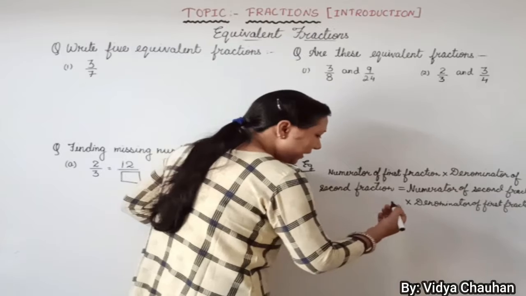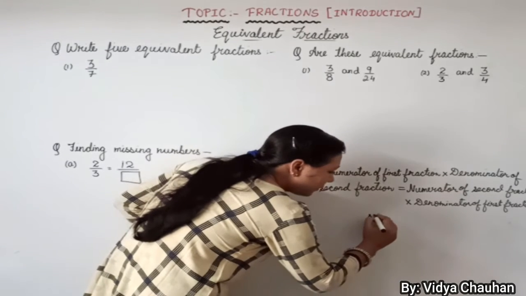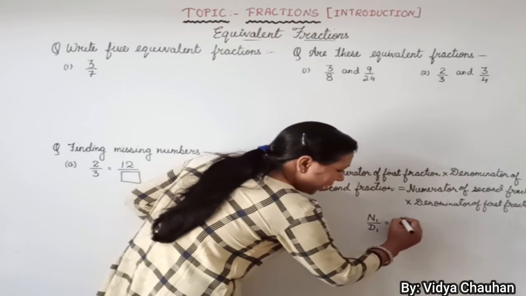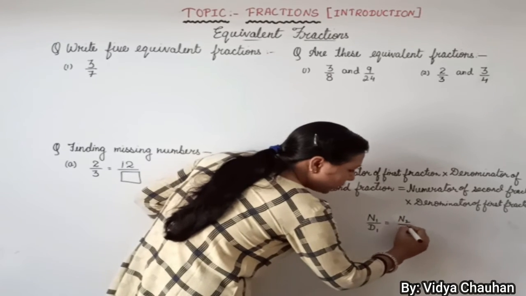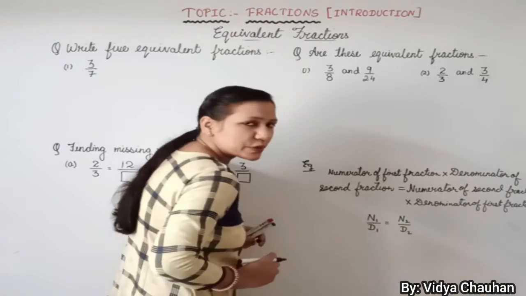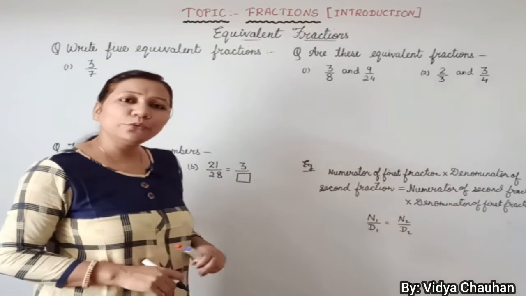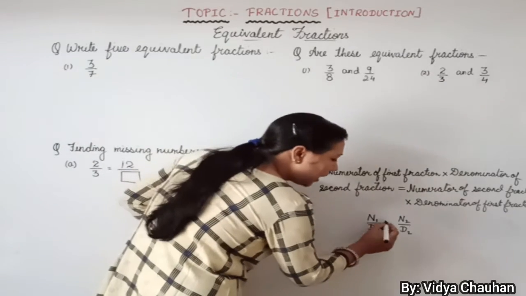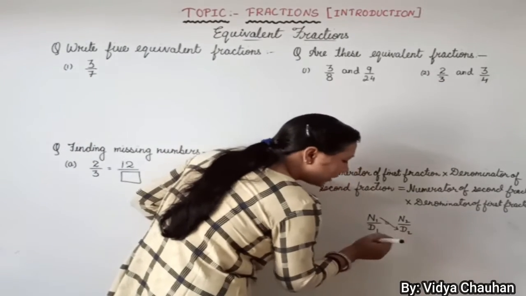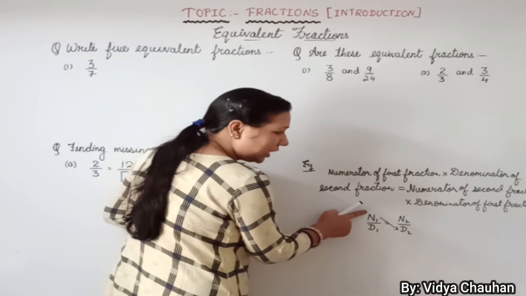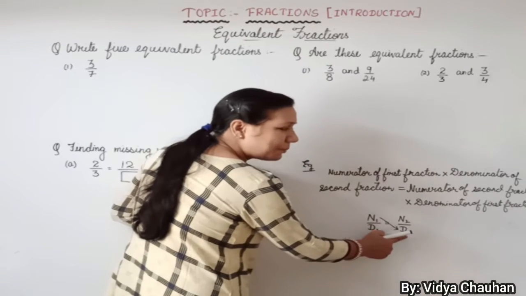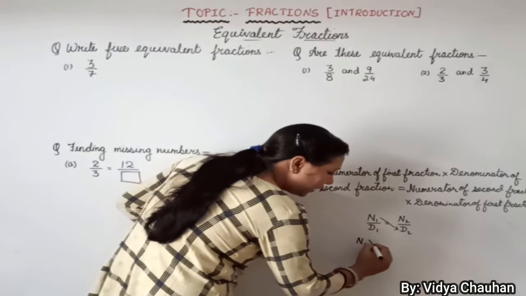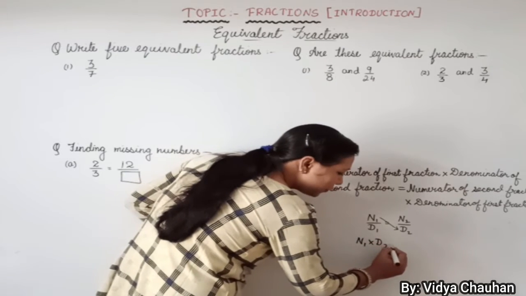If I write the same thing in short, suppose the first fraction is n1 upon d1 and my second fraction is n2 upon d2. To check whether these two are equivalent fractions or not, you have to cross multiply. That means the numerator of the first fraction multiplied with the denominator of the second fraction, so n1 multiplied by d2.